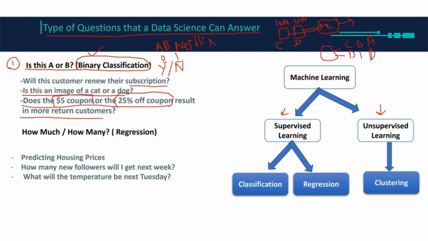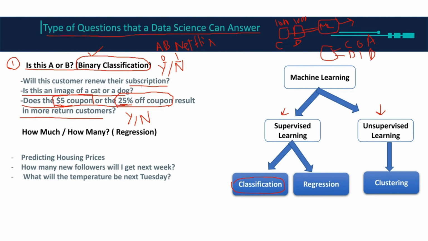I want to know which one is going to bring me more customers, this one or this one, 0, 1, A, B. Get it? Or, does this person have diabetes or not? Yes, he has diabetes. No, he doesn't. So these types of questions are called binary classification, and binary classification is a section of classification from supervised learning.